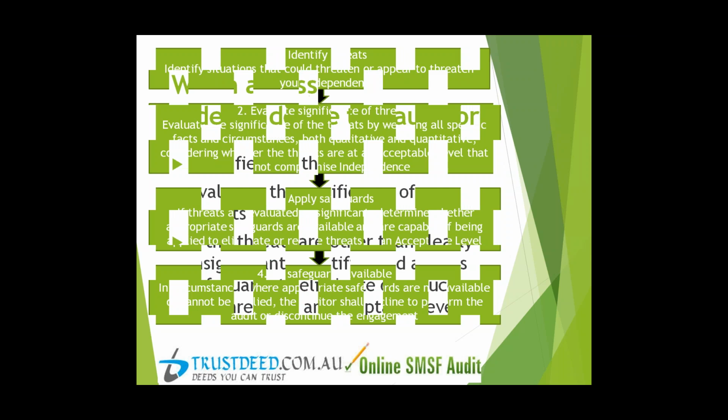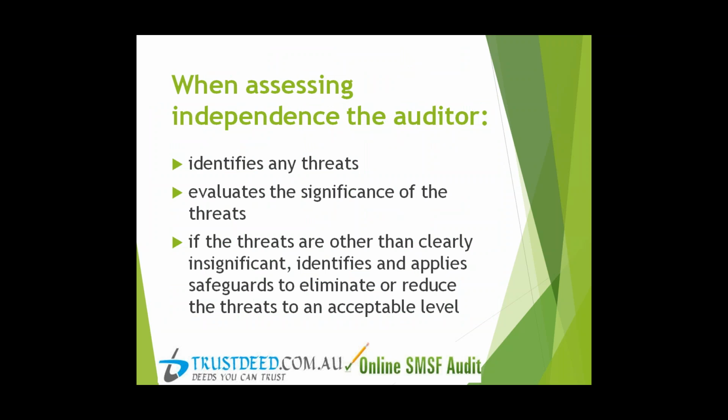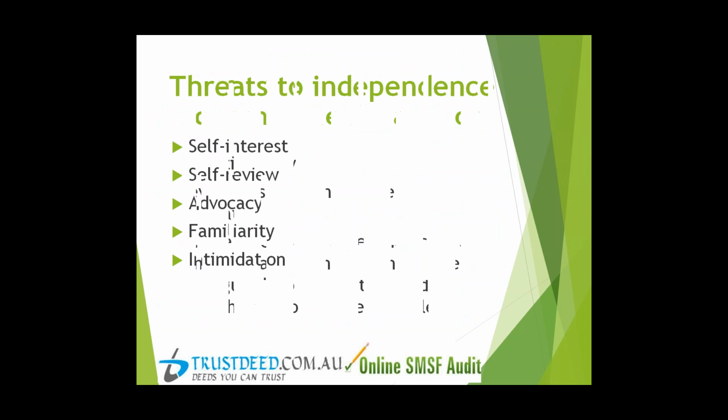So, it is very important to identify any threats and evaluate the significance of those threats. I'll move on to the next slide and we'll discuss various threats. Threats may be created by a broad range of relationships and circumstances.